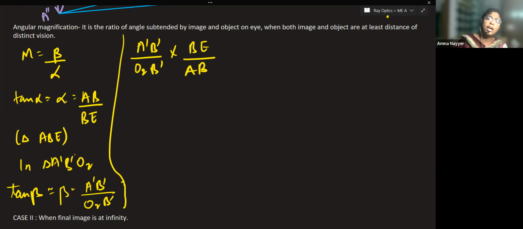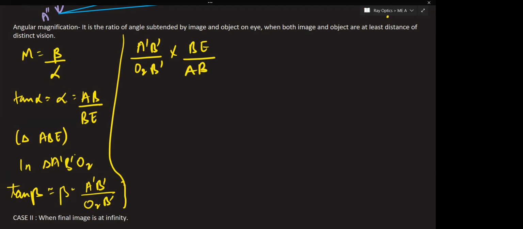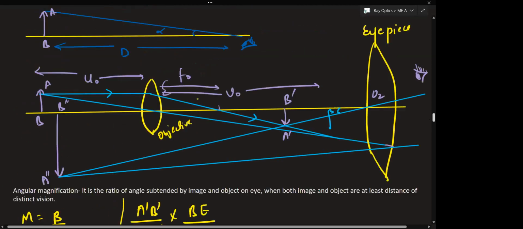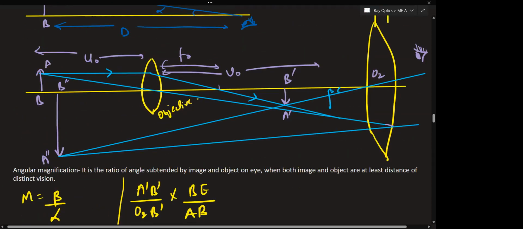Now see here, you have the proper magnification formula. Tan alpha is already there with you. Now I was saying that if you see, A dash B dash is actually the height of the image that is formed, and O2 B dash is the object distance for the eye lens, UE.